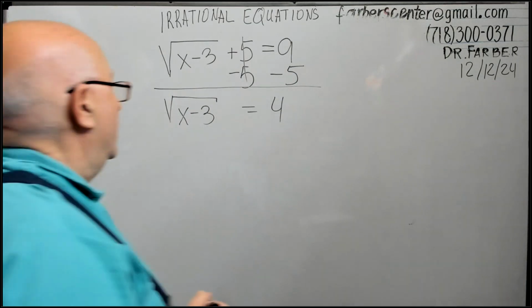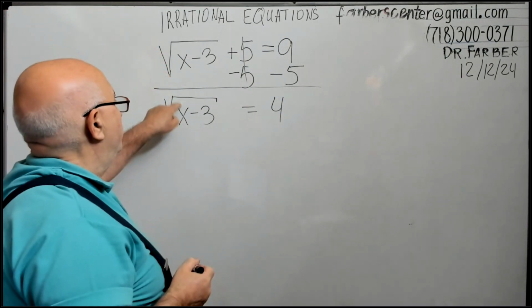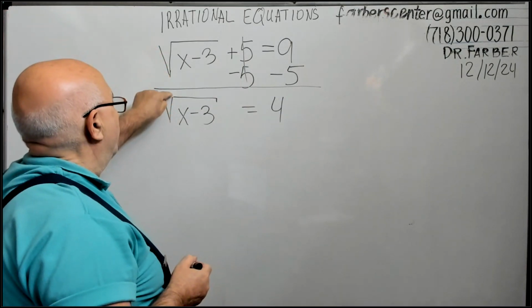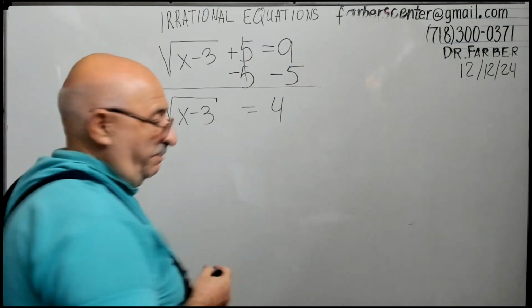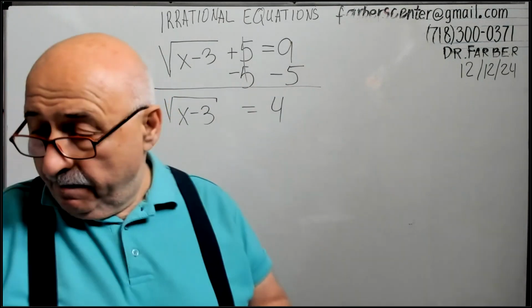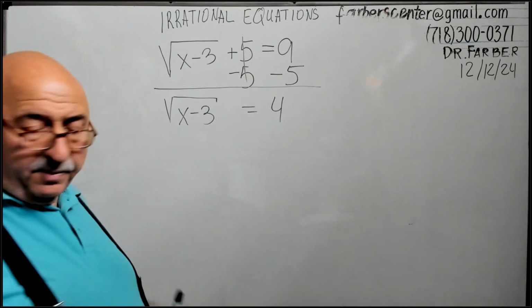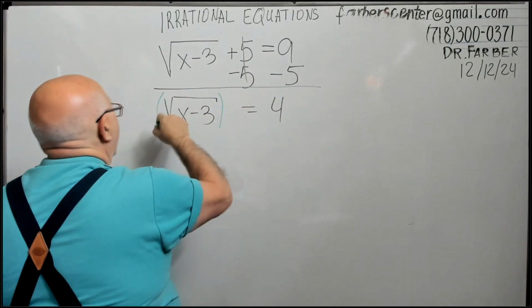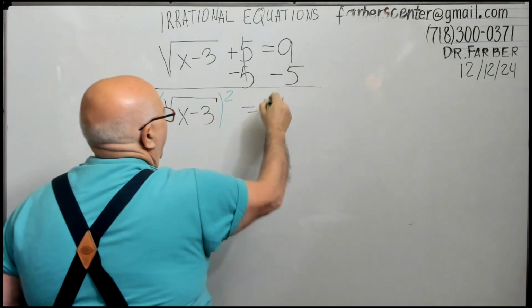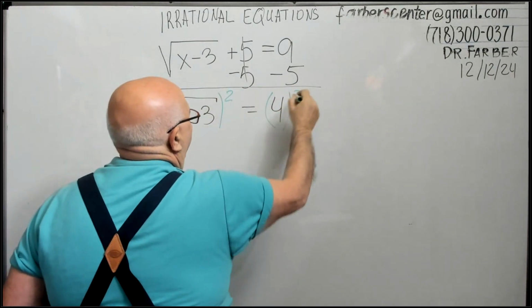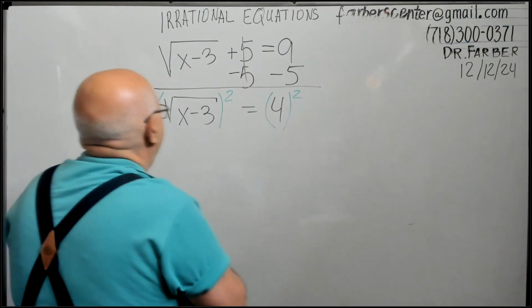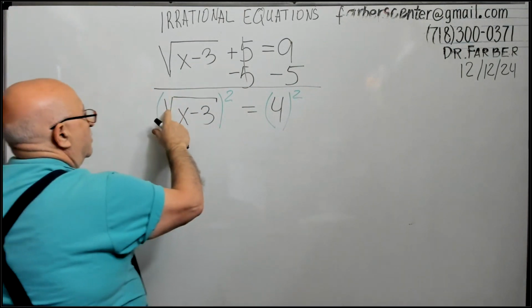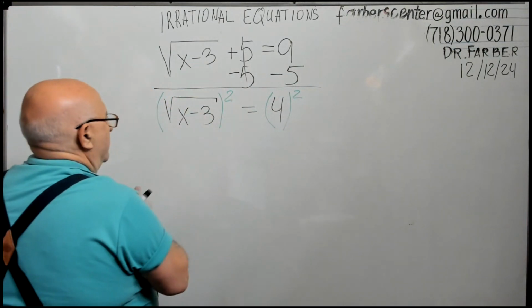Now, the opposite of square root is the second power. I take a different color and put both parts to the second power. Square root and second power cancel out each other.